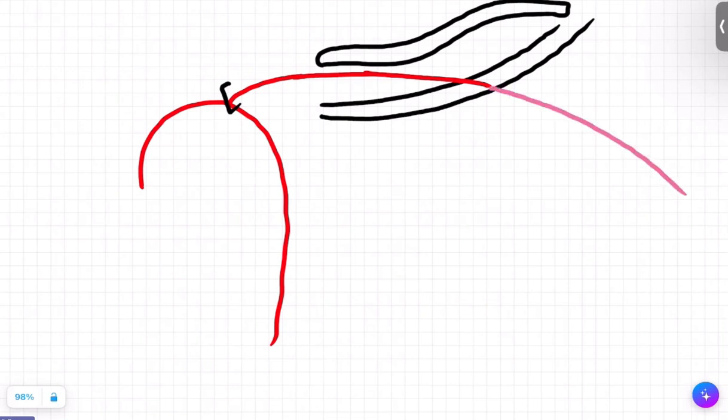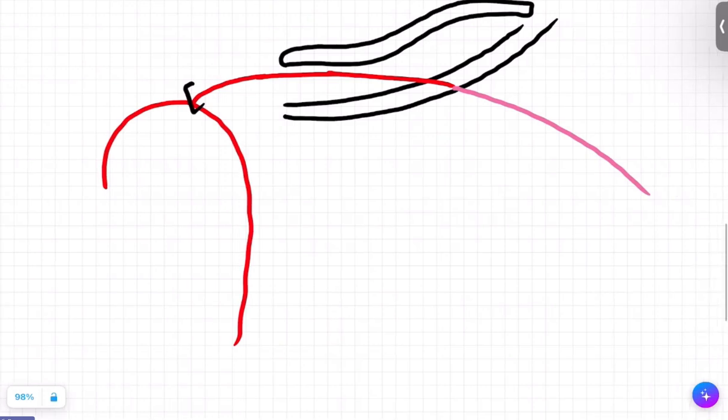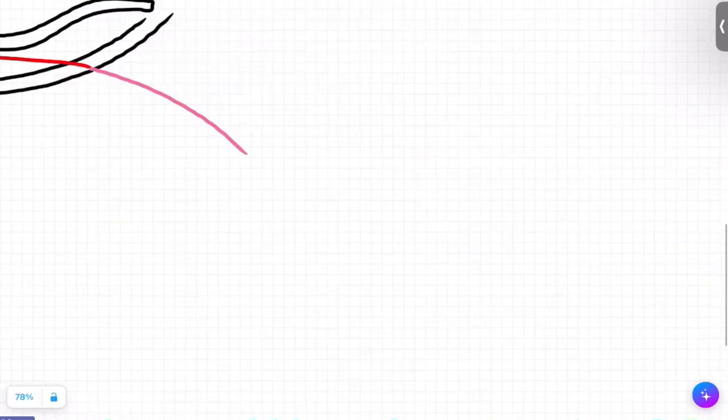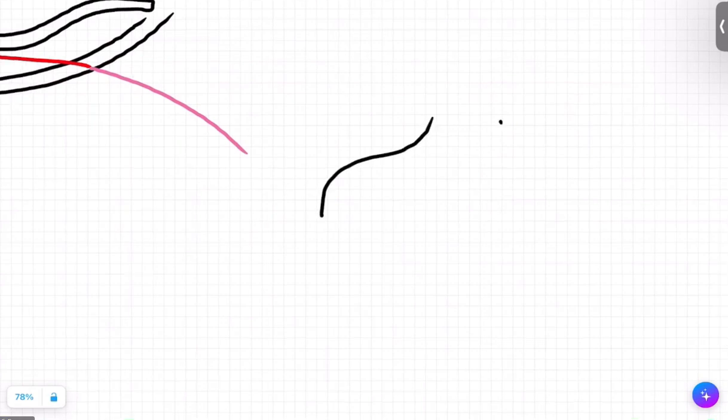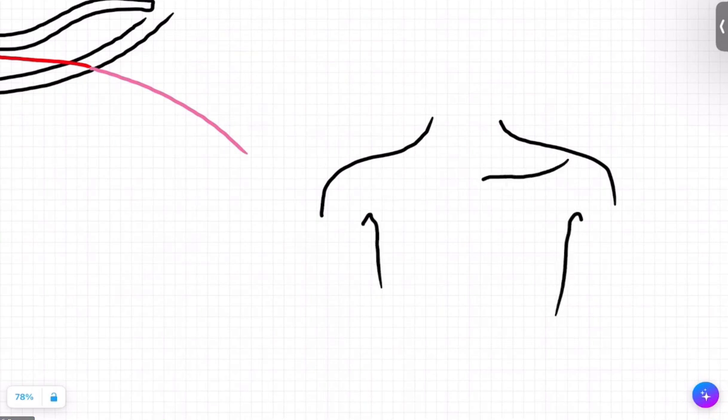The axillary artery is a content of the armpit. So the axillary artery is the artery of the axilla, or the armpit. Now, suppose this is you, this is your neck, first rib.